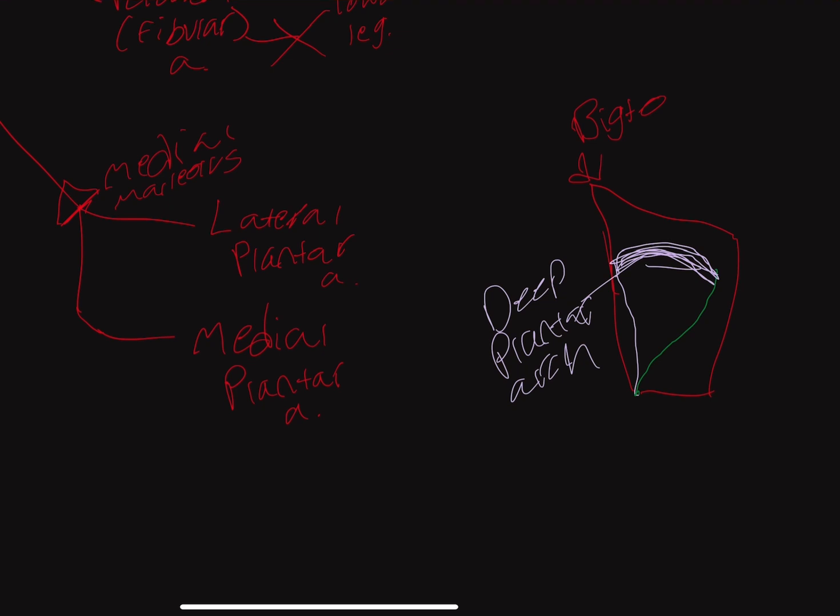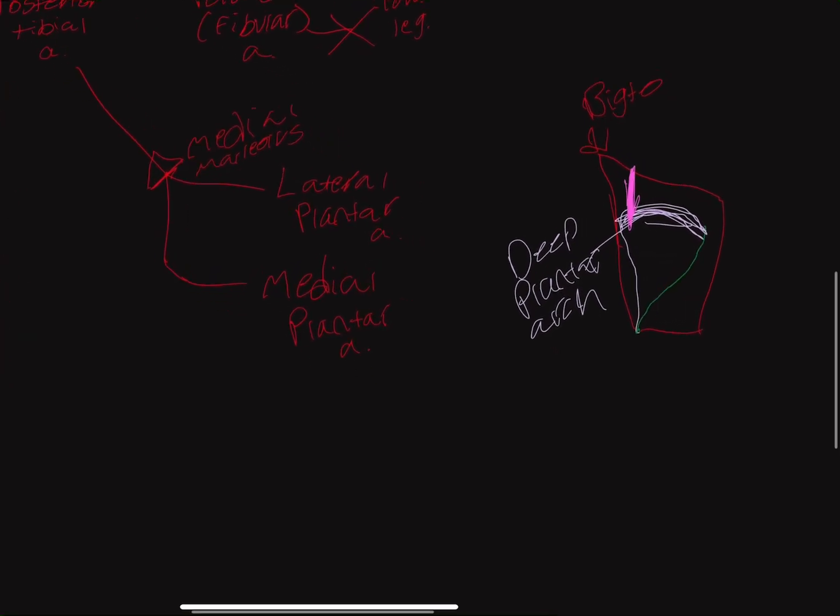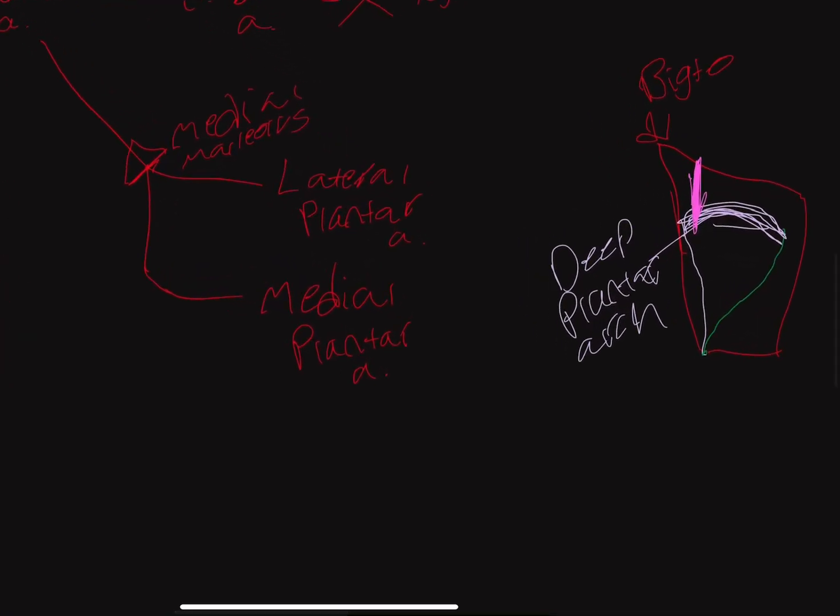And so if you remember before, I said the deep plantar artery from the dorsal side is going to come to the plantar surface. And so you'll have that deep one come in and connect here with the rest of the arteries on the plantar foot. But those are the big arteries that are in the plantar foot.